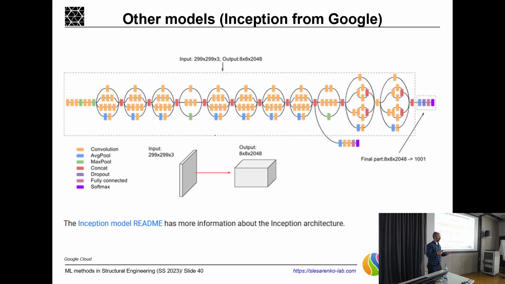So you do not do it in a linear manner. In each of these blocks, you run several sub-models simultaneously and then combine them in this red concatenation. So this is a very cool model. Again, it has 25 million parameters, if I remember correctly, and you can use it, for instance, in Google Cloud.